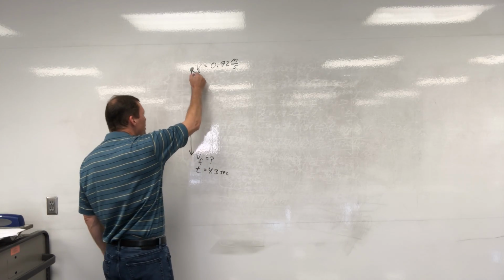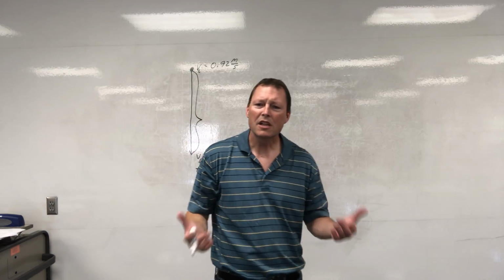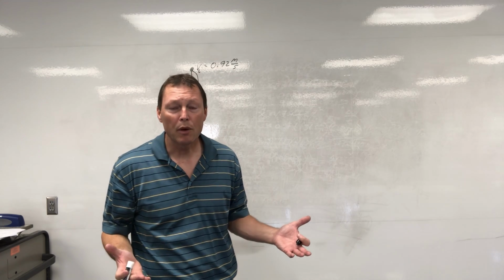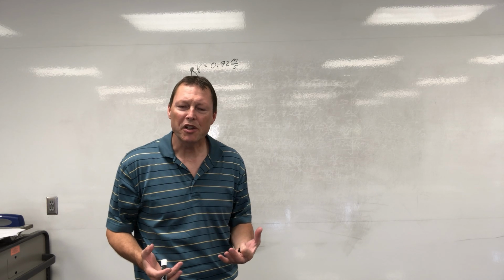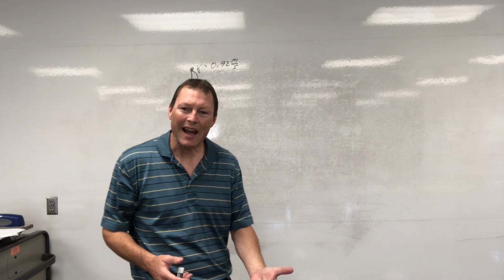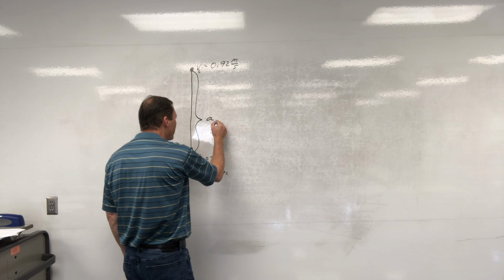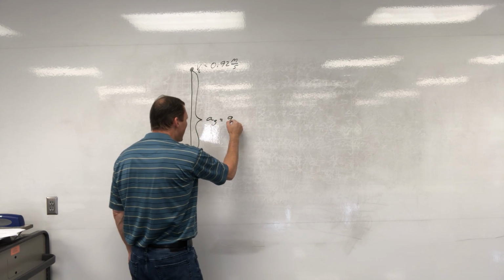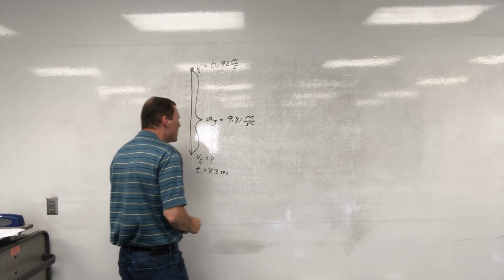And remember, there's an additional piece of information that we should know that wasn't given. What's accelerating this piece of gear? Gravity on Earth. So we know the acceleration due to gravity on Earth is 9.81 meters per second squared.